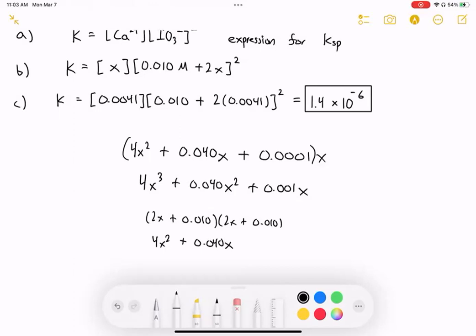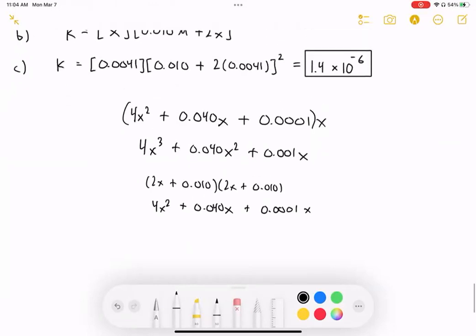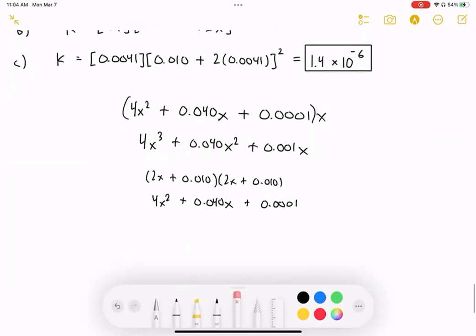And then you get 0.010 times 0.010, so plus 0.0001. Okay, so we solved these four, and then it's still times by x here. So you get 4x cubed plus 0.040 x squared plus 0.0001 x.